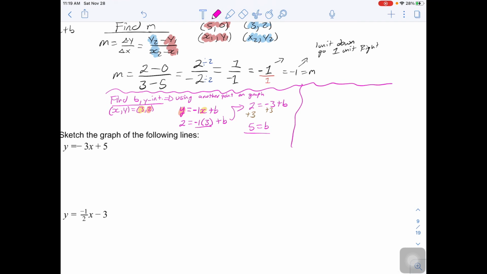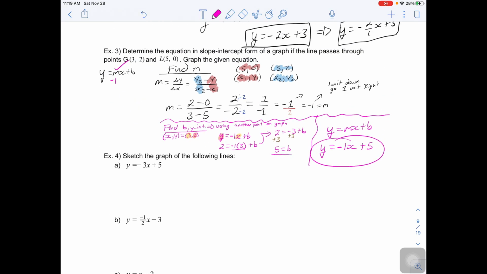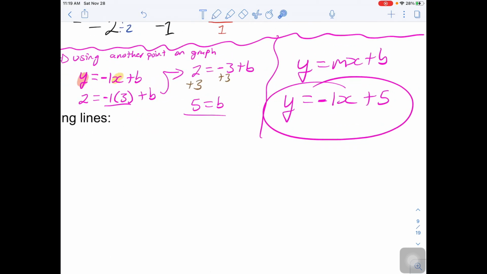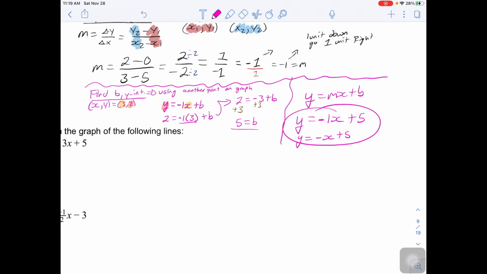So now I can simply plug in everything I know. y equals mx plus b, so this is y equals -1x plus 5. And there is my equation of this graph. Again, do I have to put 1 there? Technically, no. You could also represent it as just -x plus 5.